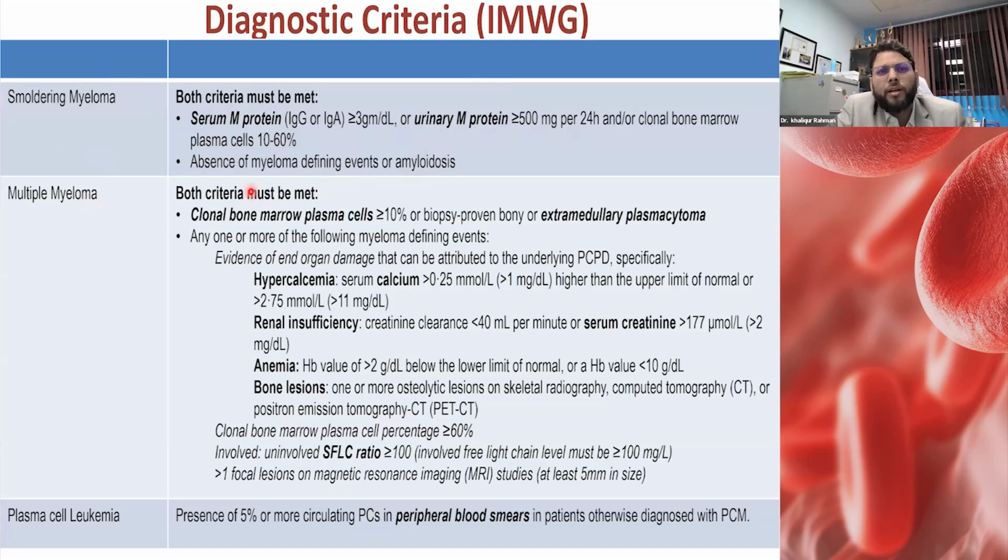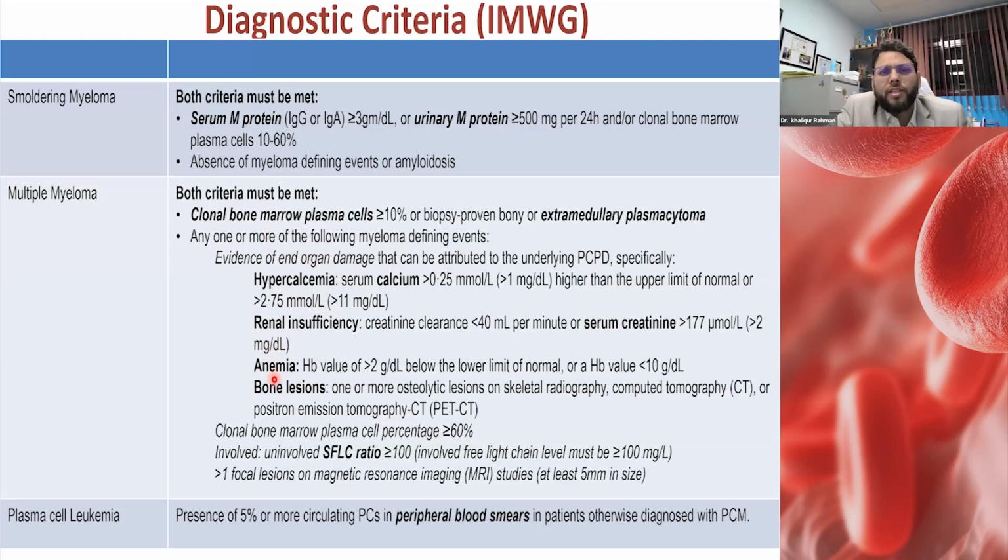For multiple myeloma, the patient should have clonal bone marrow plasma cell proliferation or a bony or extraosseous plasmacytoma. In addition to that, he or she must have any of the following myeloma defining events or biomarkers. He may have hypercalcemia, renal insufficiency, anemia, and bone lesions, which are classically known as CRAB features.